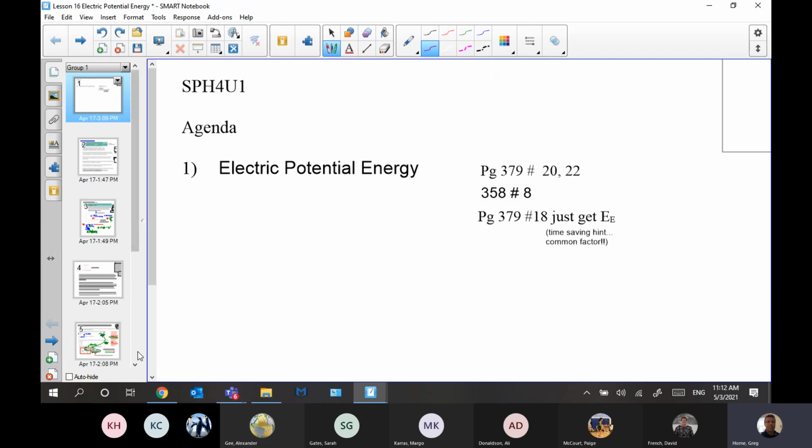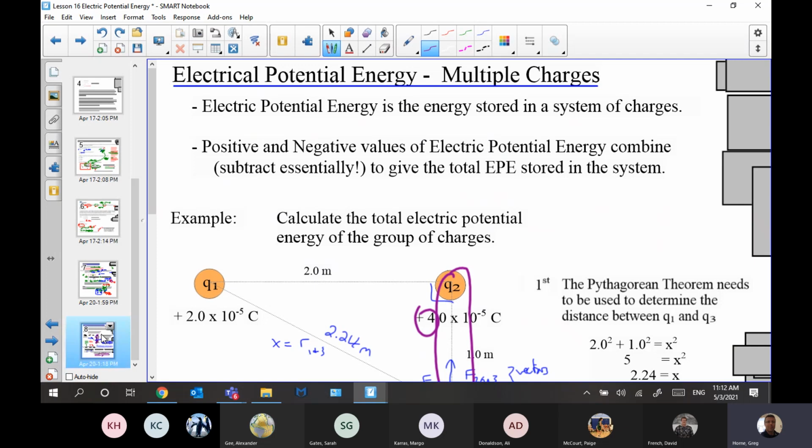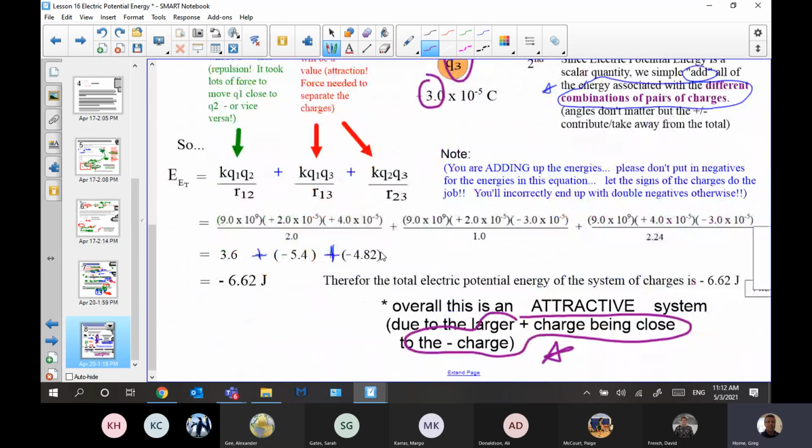all the time to type into your calculator, and you get carpal tunnel syndrome going through it. Notice that there's a 9 and anything you could factor out of here. In this situation, the common factoring isn't as beneficial because you've got different combinations of charges. But we could have common factored that 9 times 10 to the 9 and then just multiplied by 9 times 10 to the 9 once.